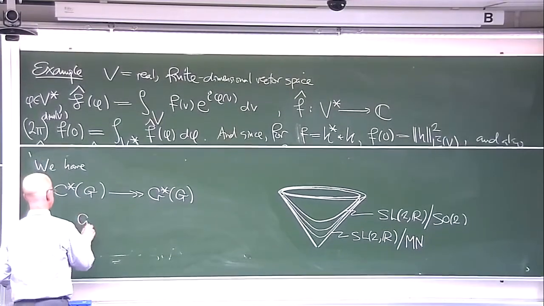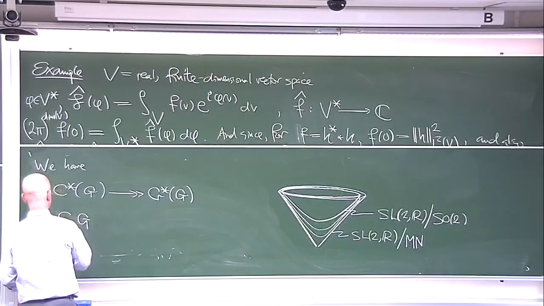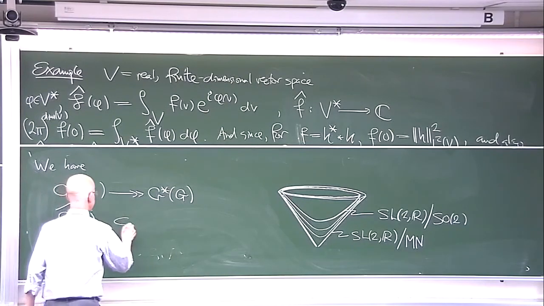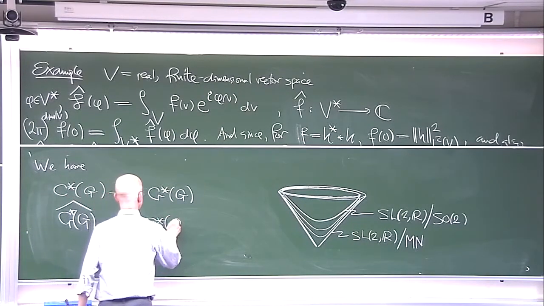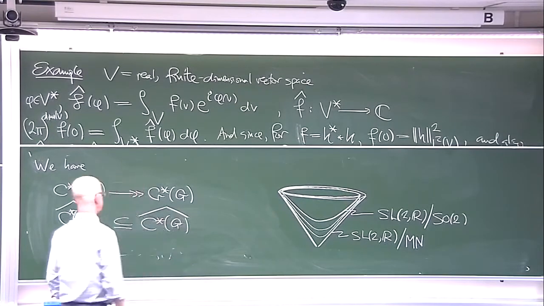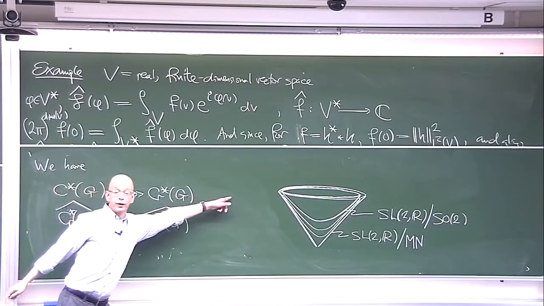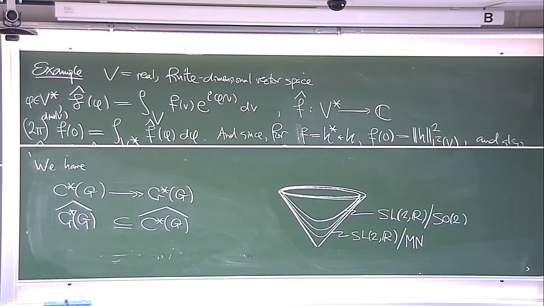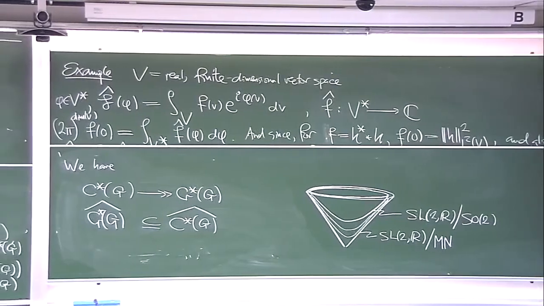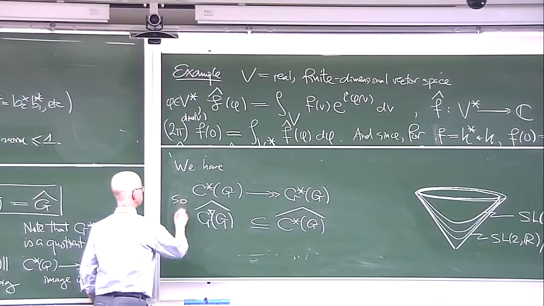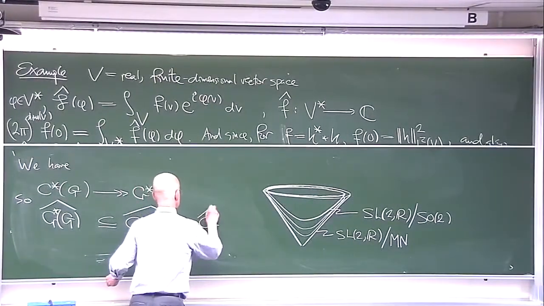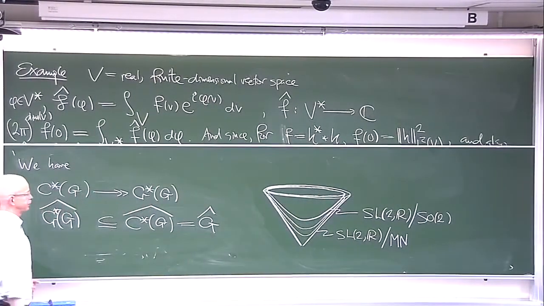And if you think about it, that means that the spectrum of the reduced C star algebra is embedded as a subset of the spectrum of G. Because if I have any irreducible representation of the reduced C star algebra, I can just compose it with this map and get an irreducible representation of the C star algebra of G. As I explained, this is just G hat.